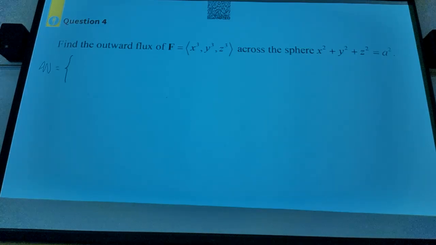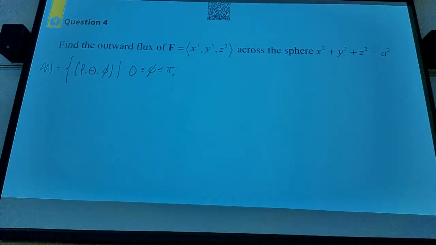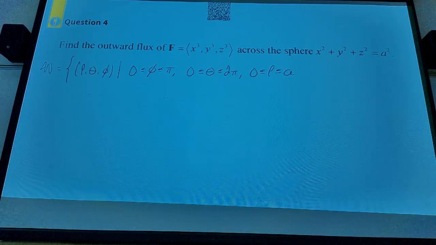That's what we need to do, is describe the solid. There's a sphere of radius a.